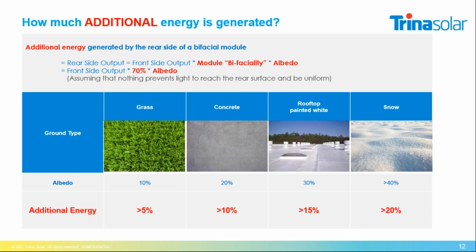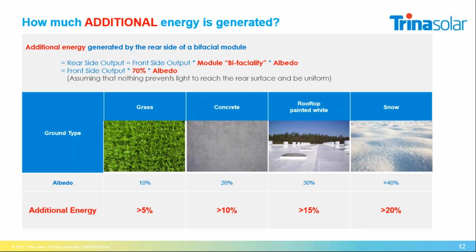Now if you're comparing different undergrounds, you see the albedo for grass is approximately 10, for concrete 20, for white roofs, in this case painted, or better a foiled one because it's usually already quite bright, 30, and snow is the highest one with more than 40.